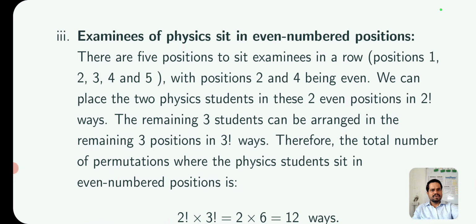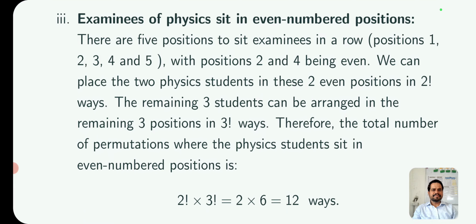And now see here the third one. Examinees of physics sit in even numbered positions. So now we have to seat those examinees in even numbered positions. There are 5 positions to seat examinees in a row, positions 1 to 5, with positions 2 and 4 being even.